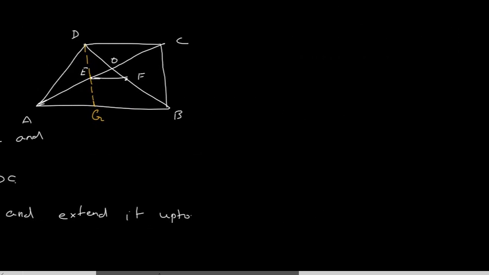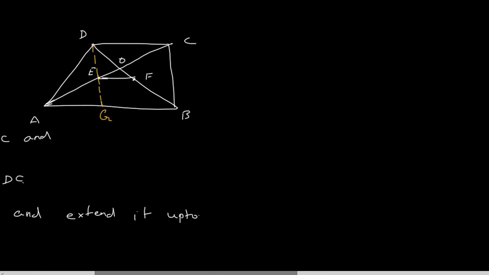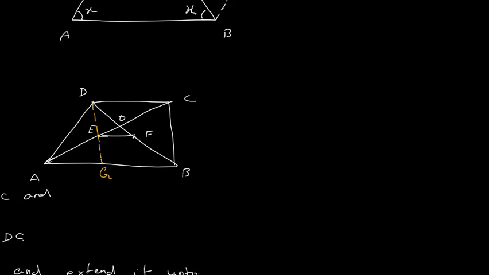So here we will do the proof of this theorem. So proof: we will say that we will take two triangles. One is triangle AEG, and the other is triangle CED, two vertically opposite triangles.